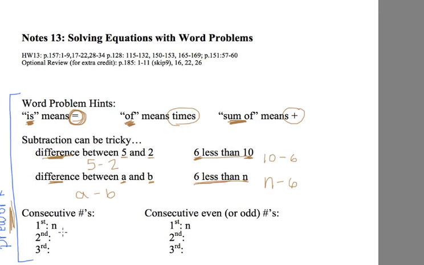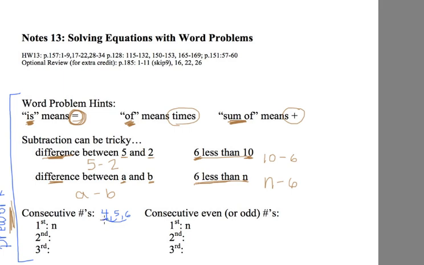Consecutive numbers. Consecutive numbers means in a row. So an example of consecutive numbers would be 4, 5, and 6, or 10, 11, 12, or 18, 19, 20. Let's look at the relationship between the numbers. 4 and 5. 5 is 1 more than 4, right? 4 and 6. 6 is 2 more than 4, right?